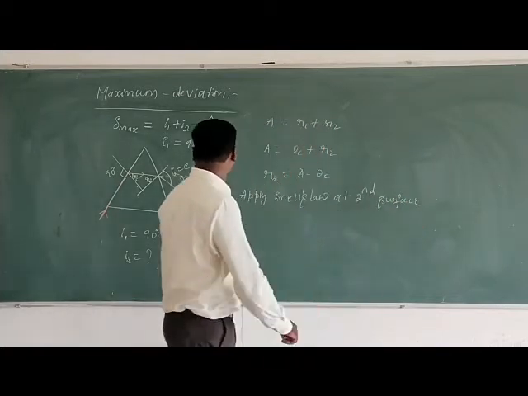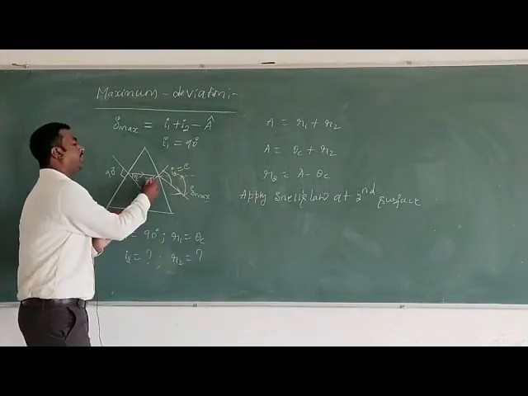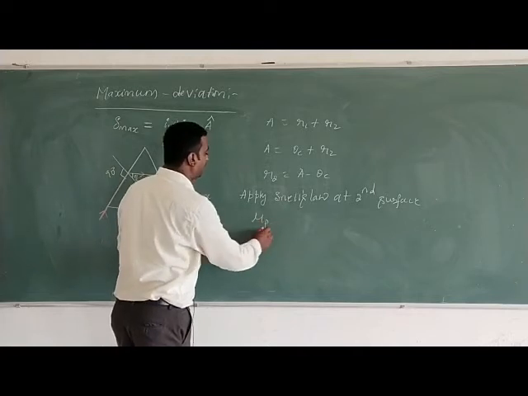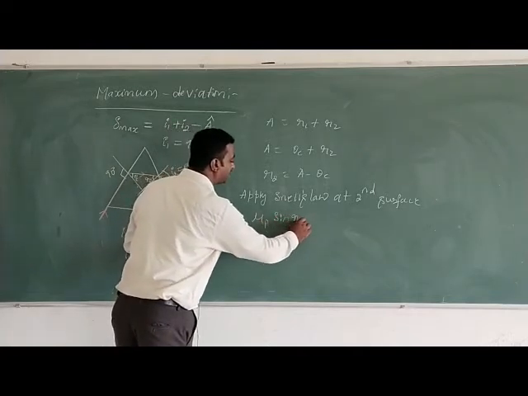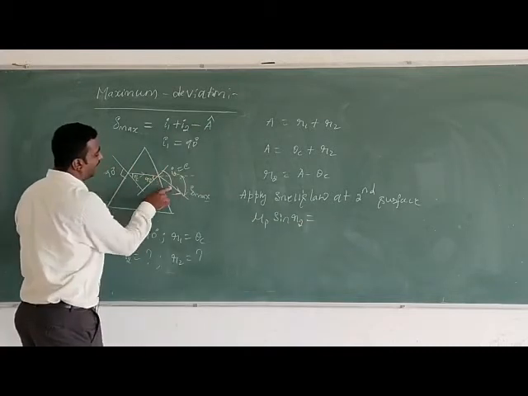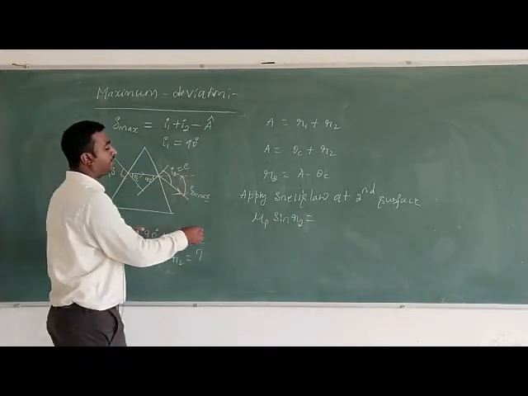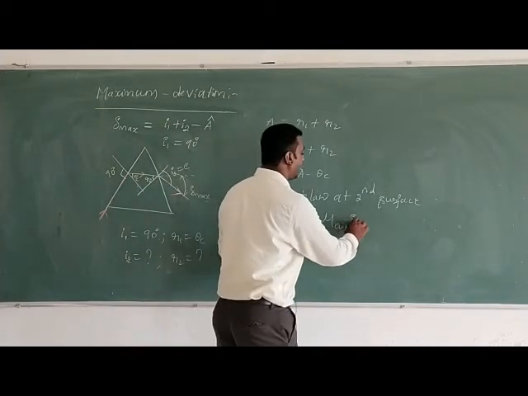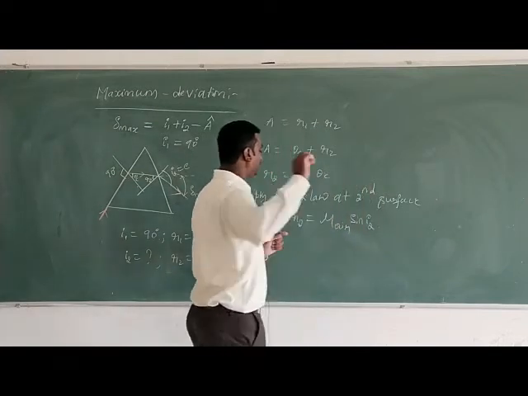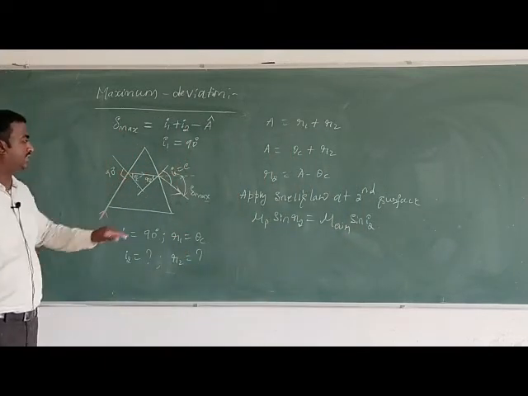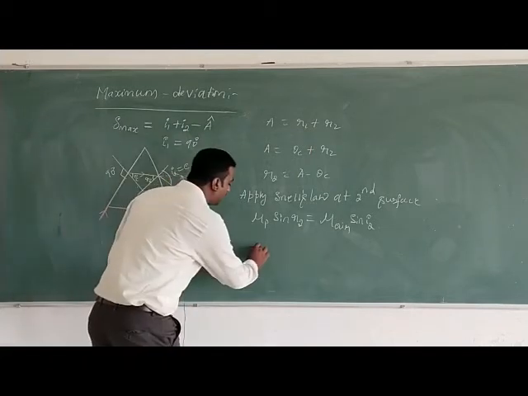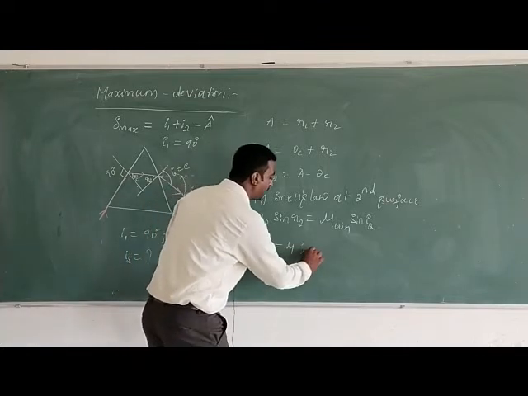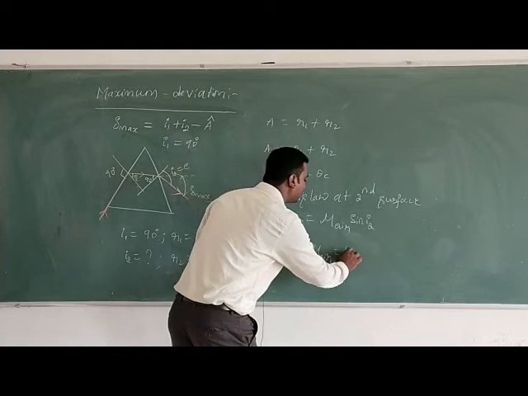Okay, so now using Snell's law, look here, at the second refracting surface the angle of incidence is R2. The refractive index of the prism multiplied by sine of the angle of incidence R2 is equal to the refractive index of the air medium, since the light ray emerges to the outside, multiplied by sine of the emergent angle I2. Now let us take the refractive index of the prism as mu, and the refractive index of air is equal to 1.